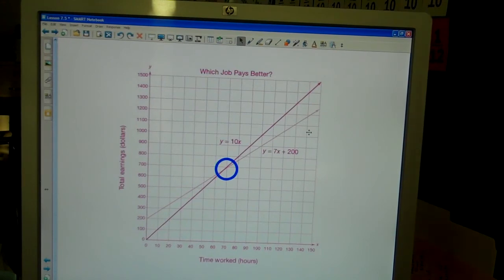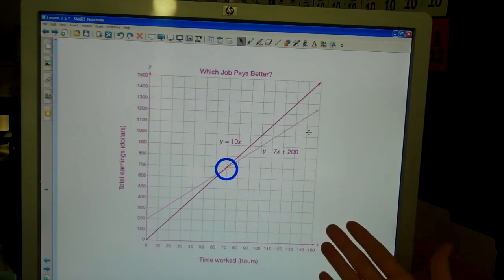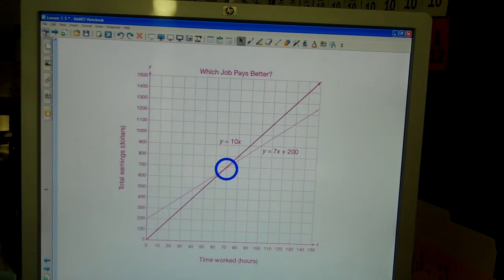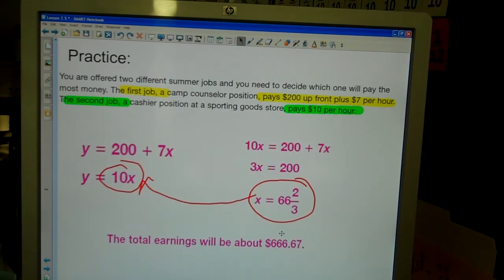Now, I want to ask you, which way would be a better way to solve this? Would you want to look at the graph for this answer, or would you want to look at the algebraic method? I hope that you're saying the algebraic method, because look at how not friendly this number is. This is a fraction, 66 2/3.